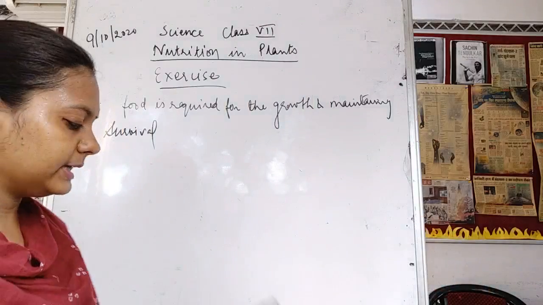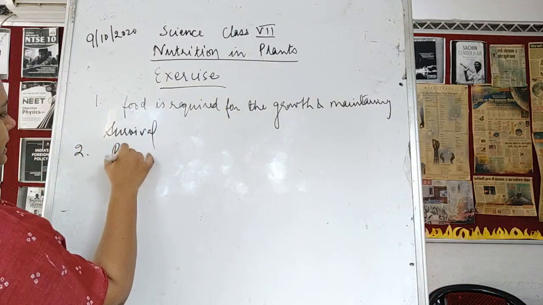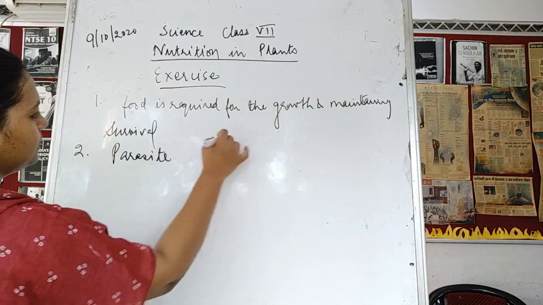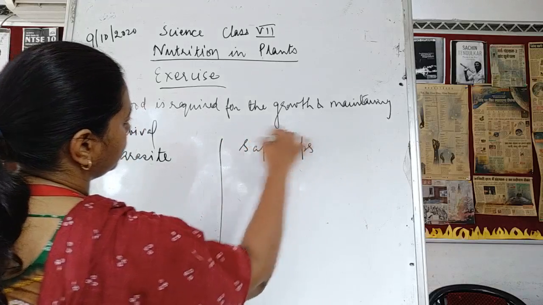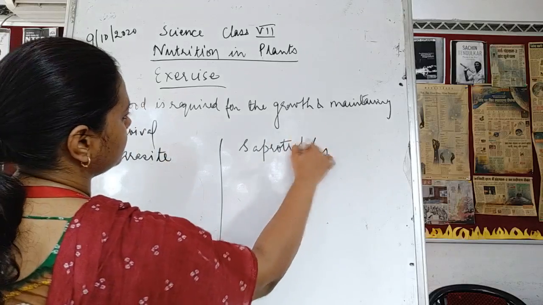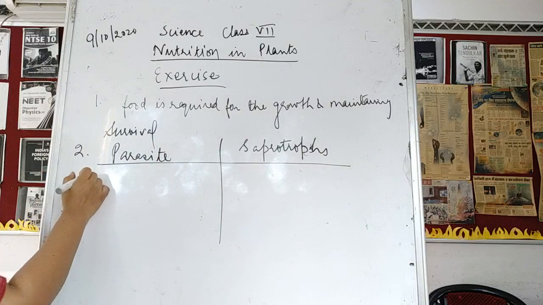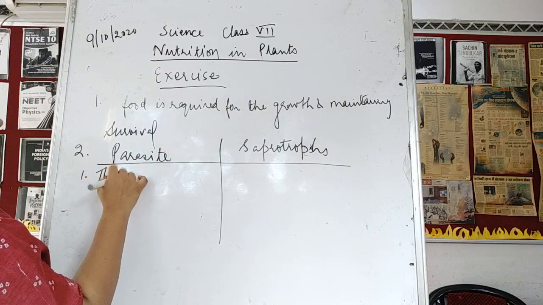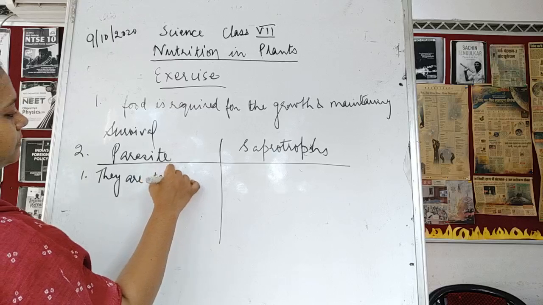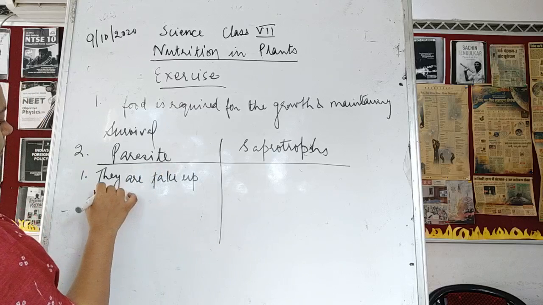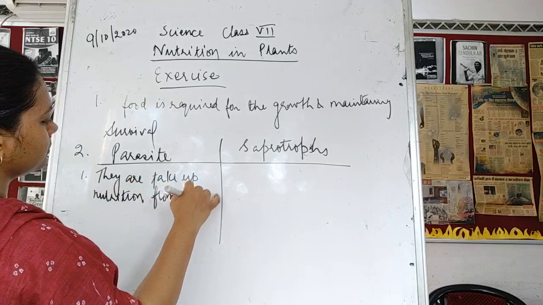So question number 2 is distinguish between the parasites and the saprotrophs. What are parasites and saprotrophs? So first you are going to write that parasites are going to take up nutrition from the host.